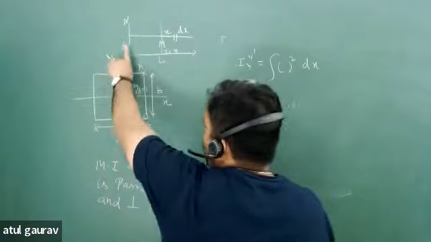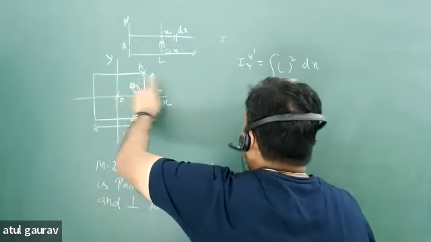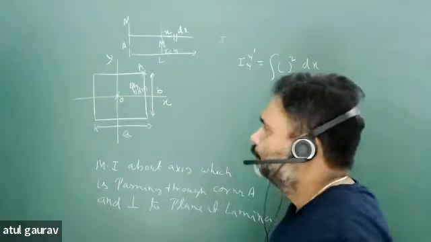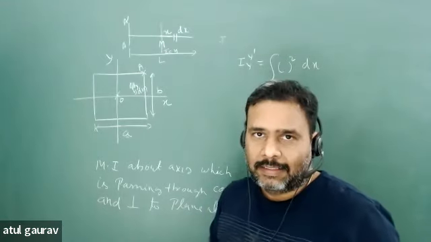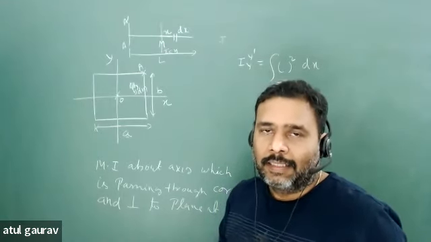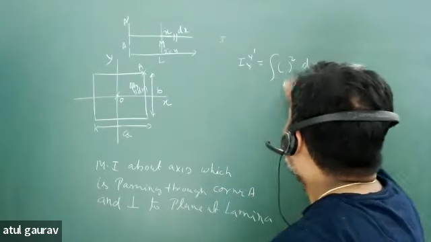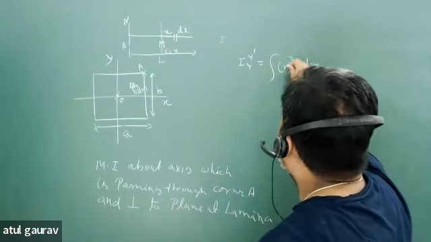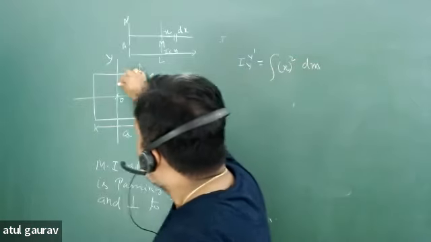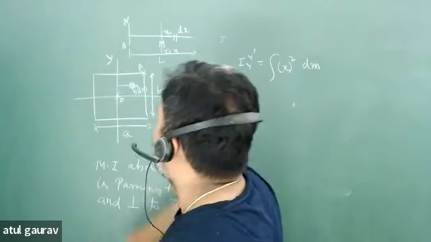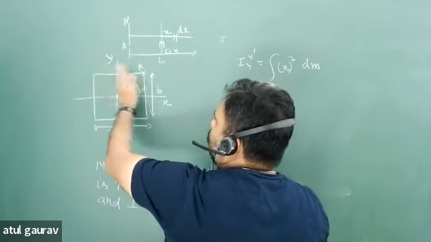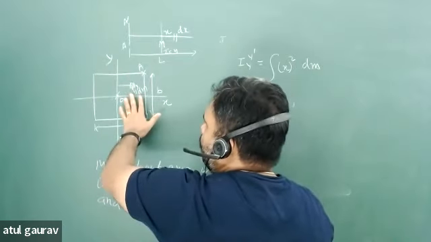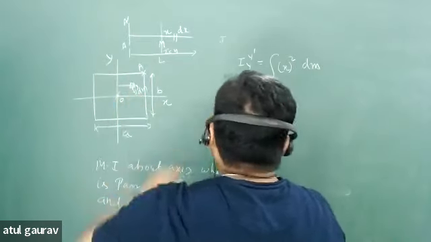You are finding about this axis and you are taking this dm. What is this square? It will be x. So that should be x. Sorry, dm will be here. So this will be x, because the perpendicular distance from the y axis will be in the xy plane. So this is my x square.